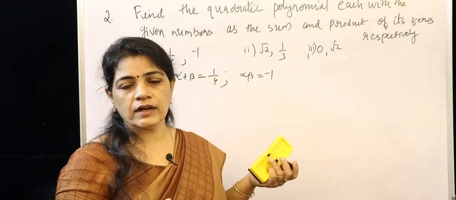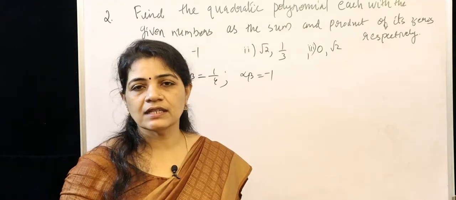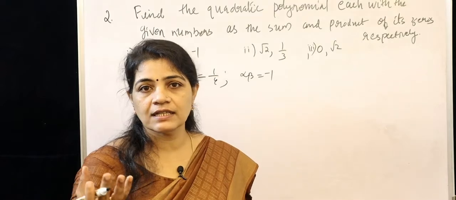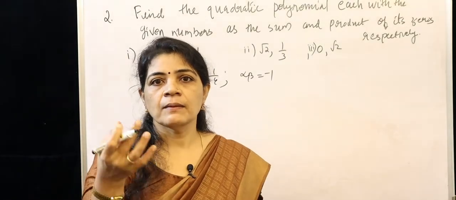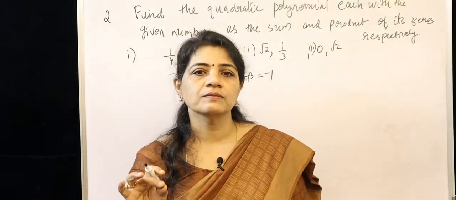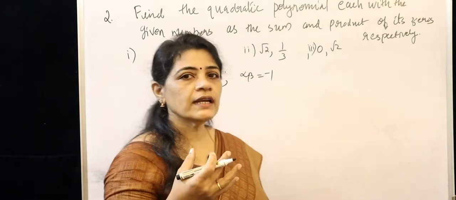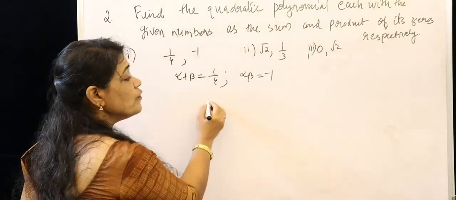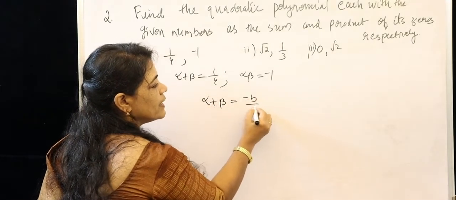This quadratic polynomial can be easily formed using two methods. One is the form I already gave, that is x square minus (alpha plus beta) into x plus alpha beta. Or you can write alpha plus beta equal to minus b by a, right?